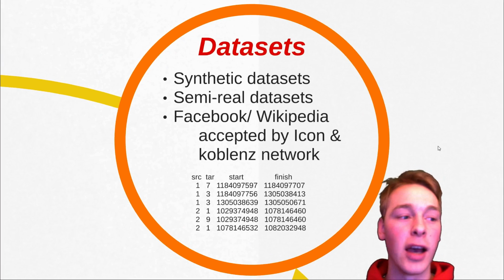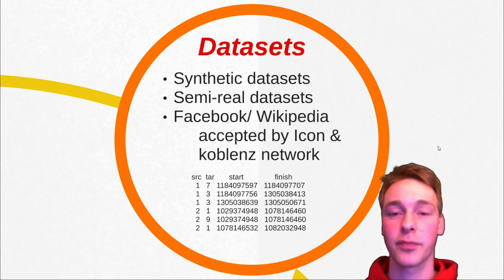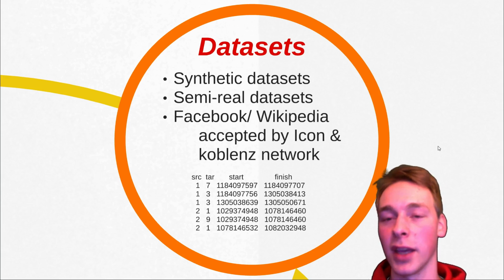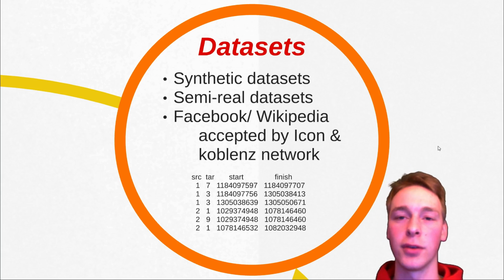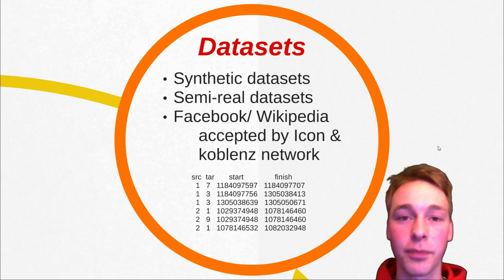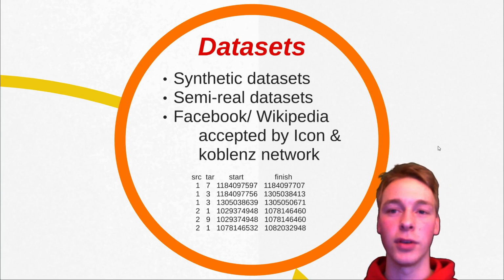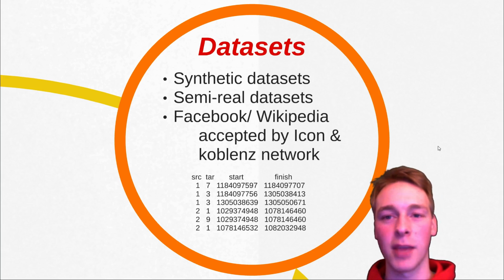So the datasets. I created several synthetic datasets which grow larger by factorial numbers to test the scalability. These are synthetic, so they're not real, but they maintain the same structure to be able to analyze them better, such that we don't get bogus results. Then I created several semi-real datasets which used graphs that already existed, but they didn't have a time interval.